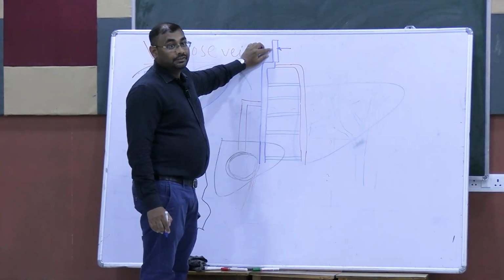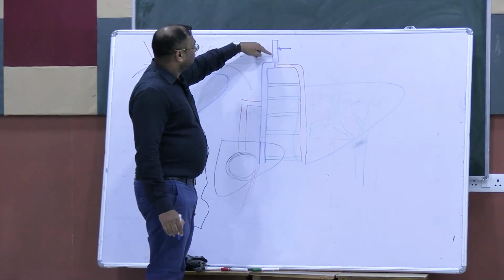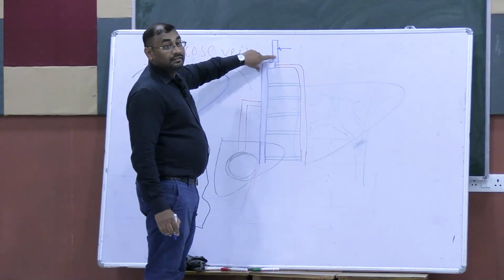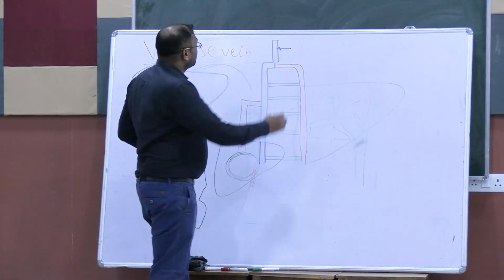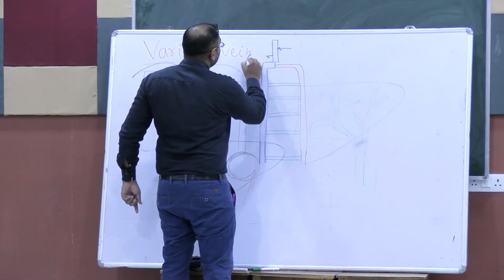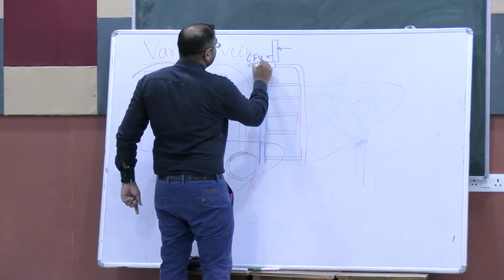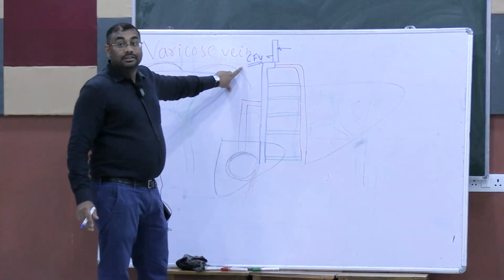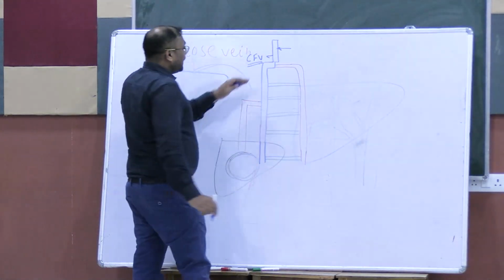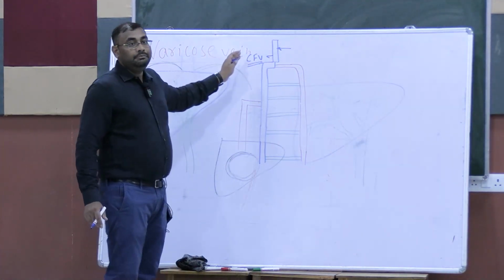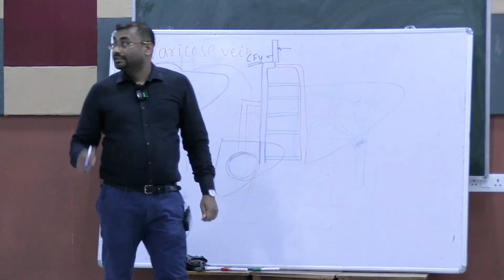External iliac vein, further continuation is the femoral vein, okay. So this part we can take as the common femoral vein. So we have two parts, one is the deep system, another one is the superficial system.